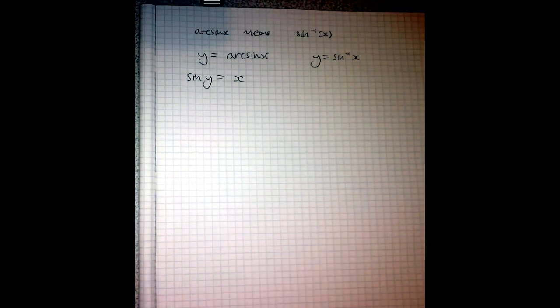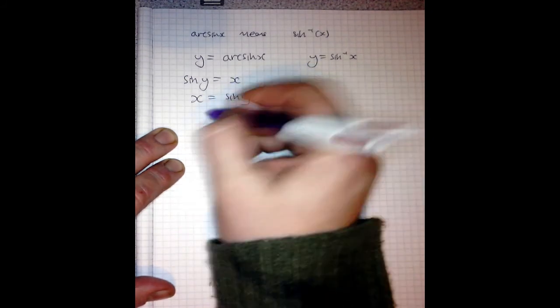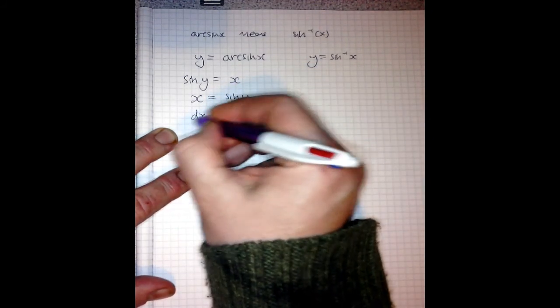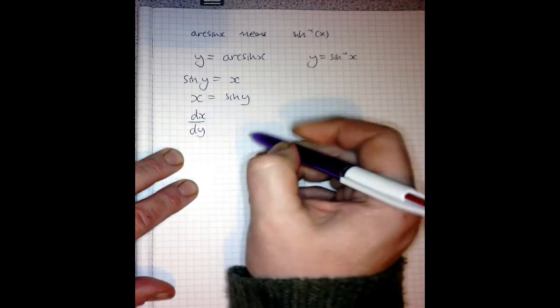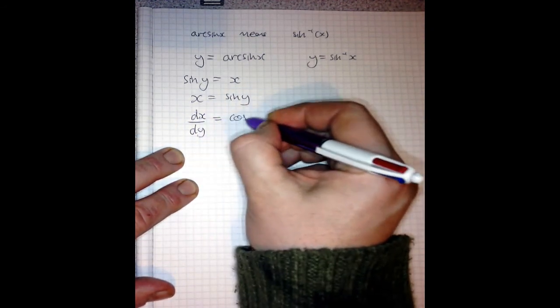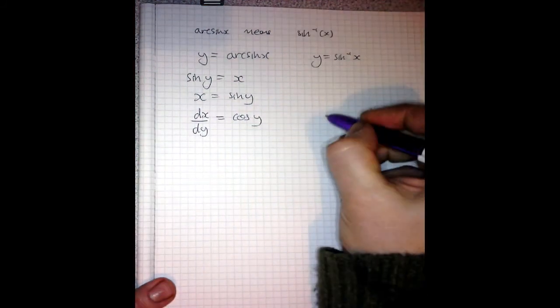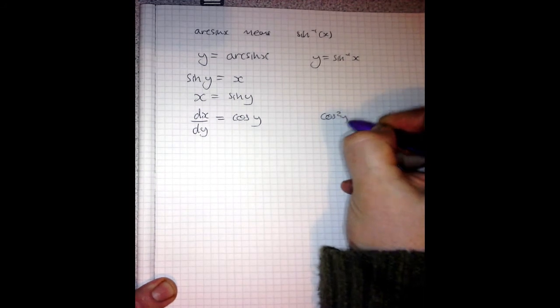So if y equals arcsine x, that's just the same as y is inverse sine of x. So I can write that sine y equals x, because the inverse to arcsine is sine. So that's the first step to do.